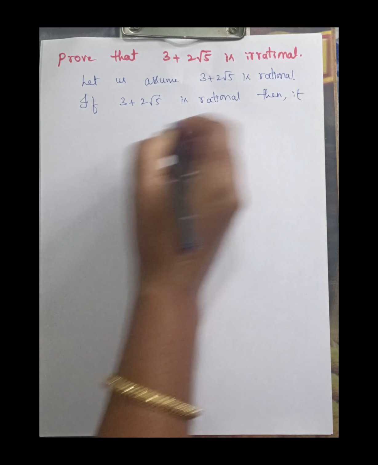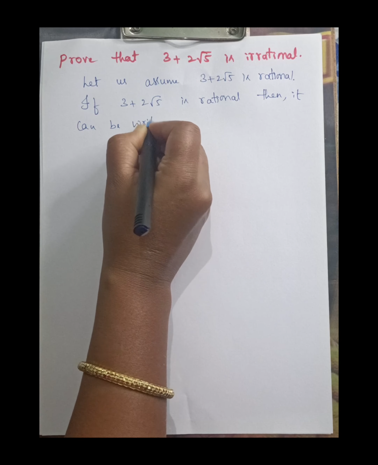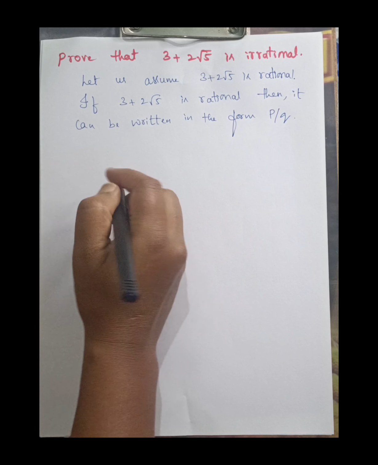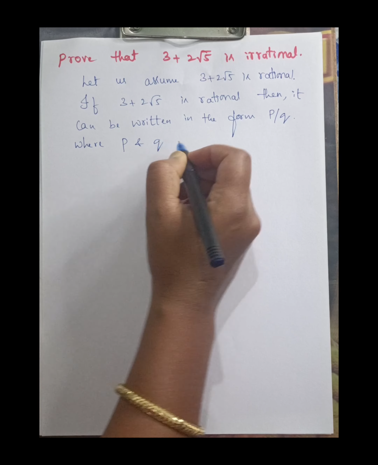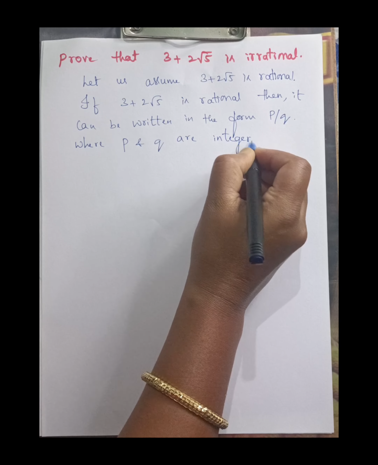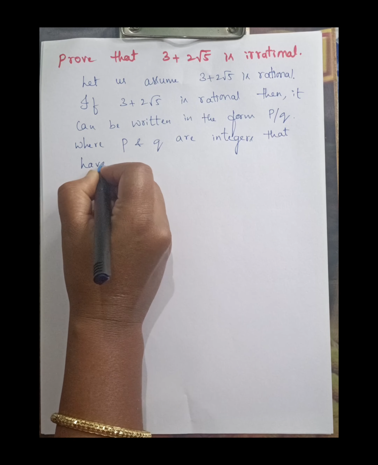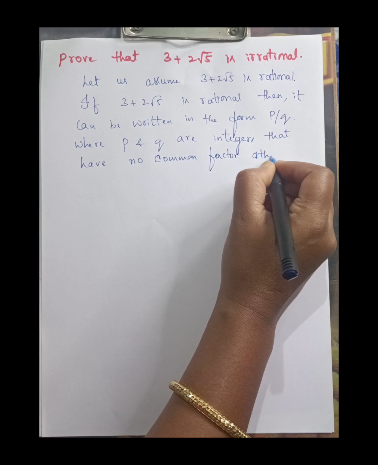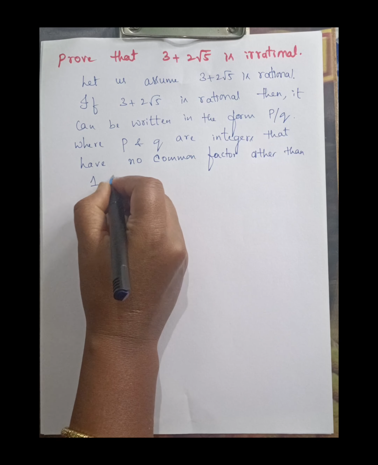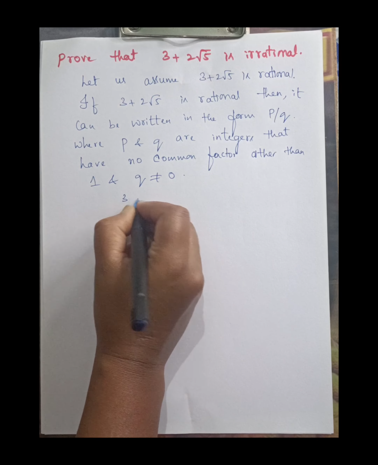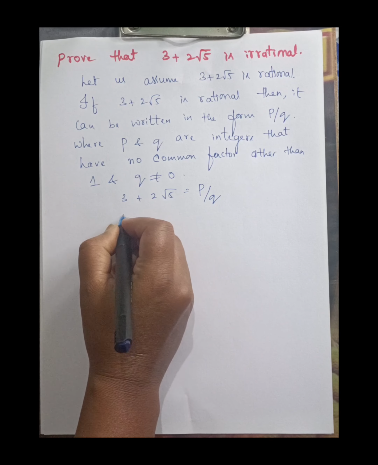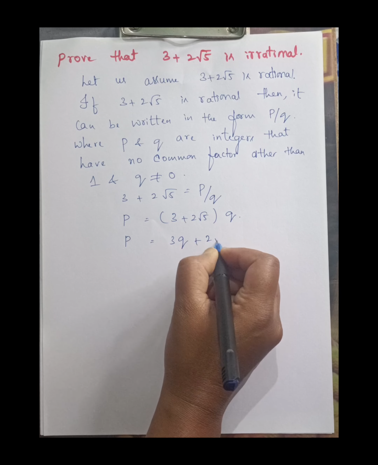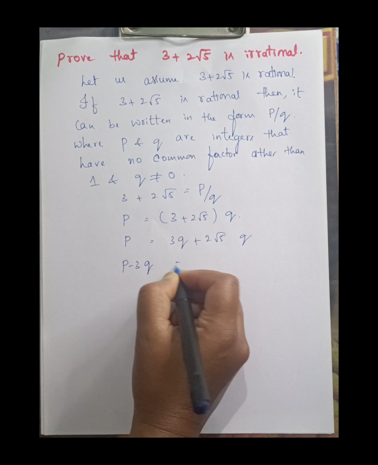If 3 plus 2 root 5 is rational, then it can be written in the form of p by q, where p and q are integers that have no common factor other than 1 and q is not equal to 0, which implies that 3 plus 2 root 5 is equal to p by q.